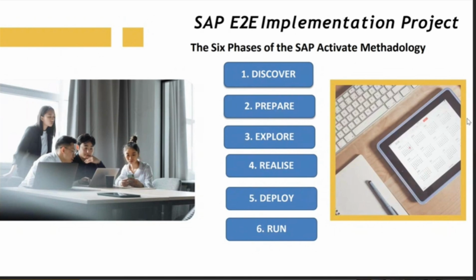As I told you, there are 21 plus deliverables, so we segregated them: maybe preparation phase 3 deliverables, explore phase 2 deliverables, realization phase 3 deliverables. Based on the phases, the deliverables are updated, and based on that you will be working in the projects.